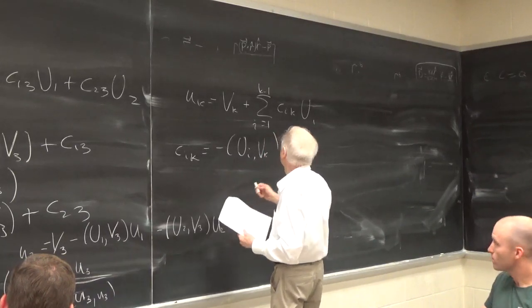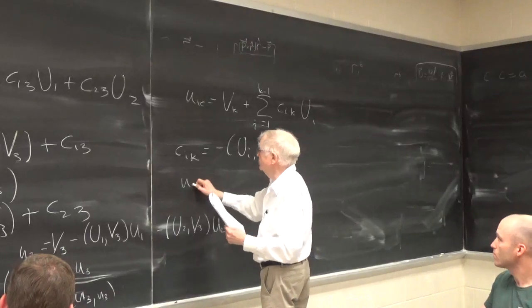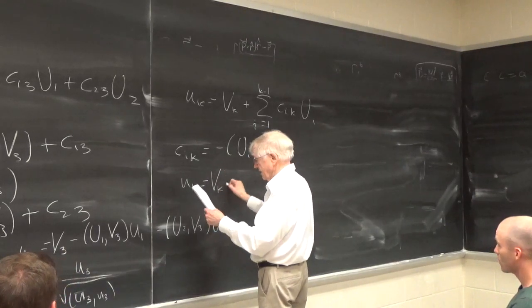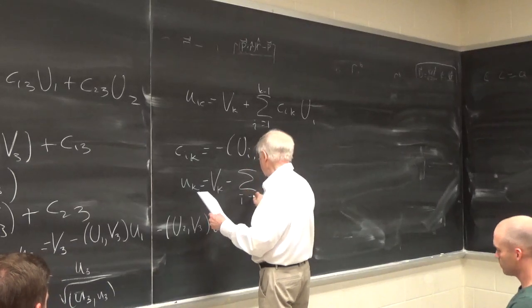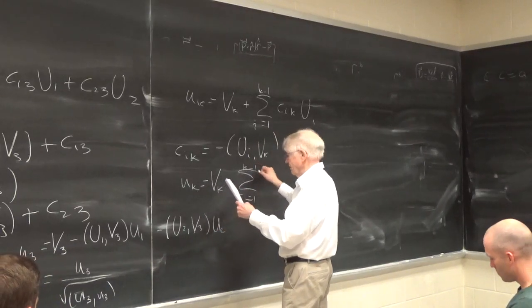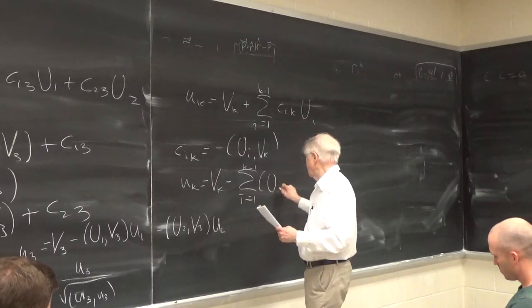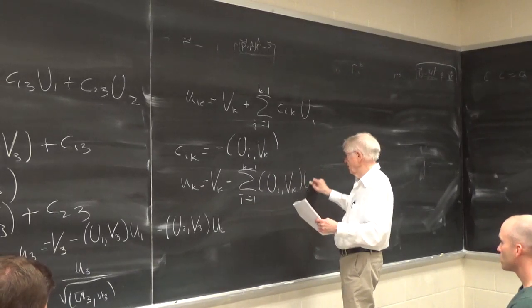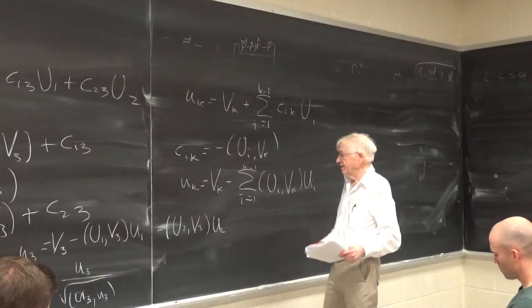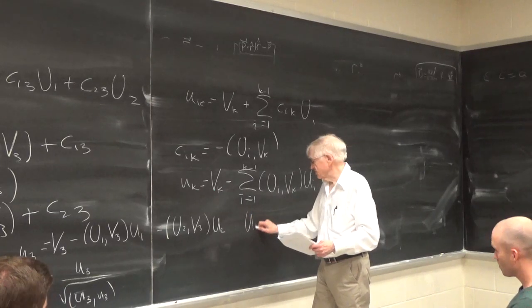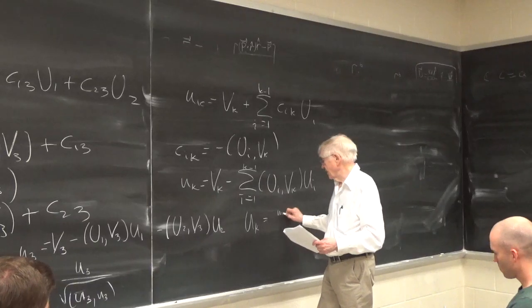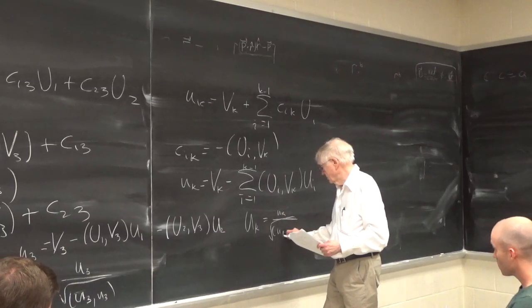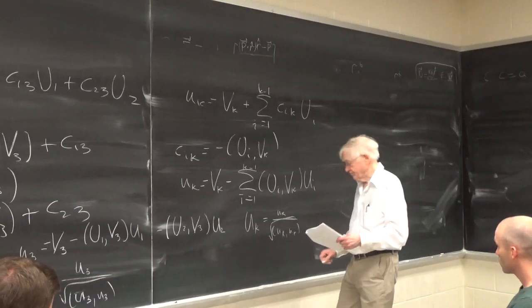And so little uk is equal to vk minus the sum, i equals 1 to k minus 1, of the inner product of U_i with vk times U_i, and then big Uk is just little uk over the square root of the inner product of little uk with little uk.